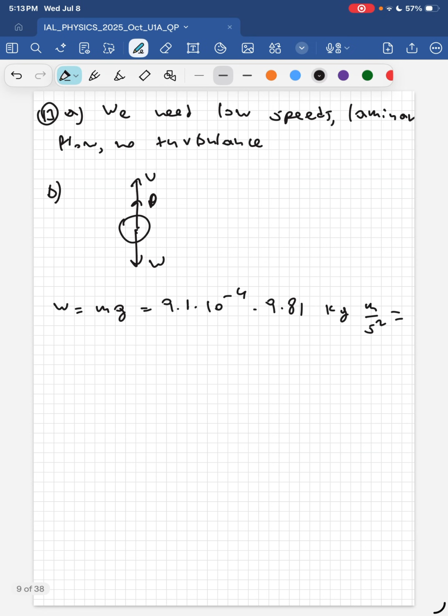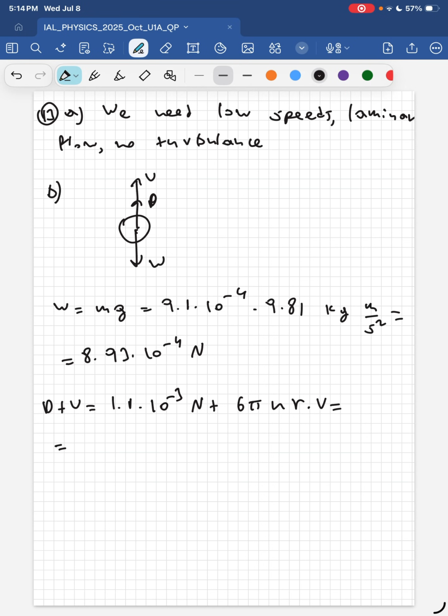So we can find the weight as 8.93 times 10 to the negative 4 newtons. Now, the drag plus the upthrust are equal to 1.1 times 10 to the negative 3 newtons, plus 6 pi eta rho, the viscosity, the radius of the sphere, times v.